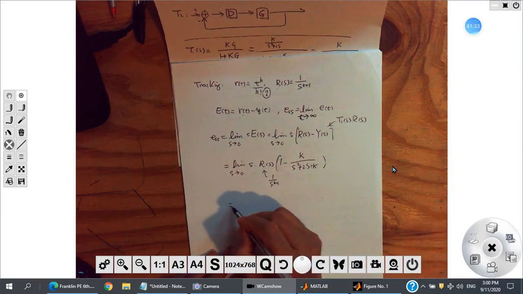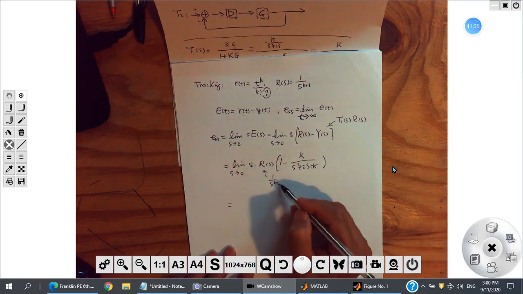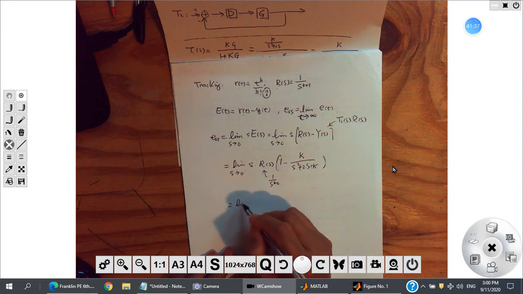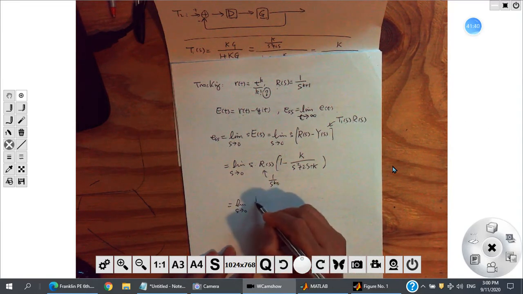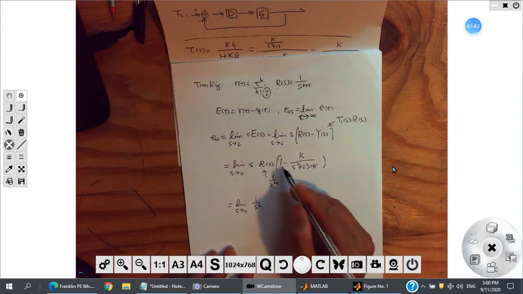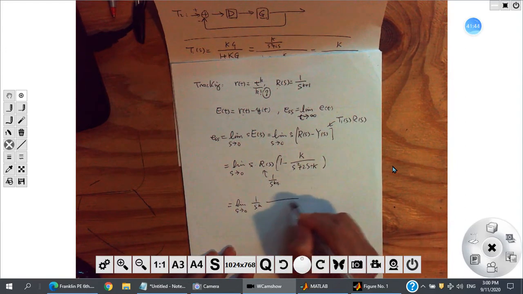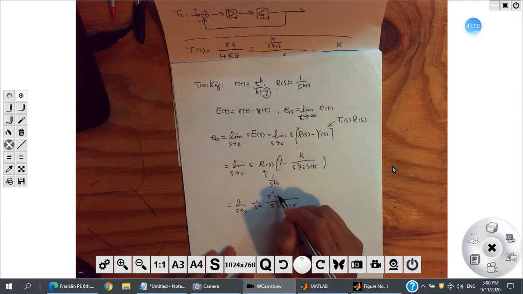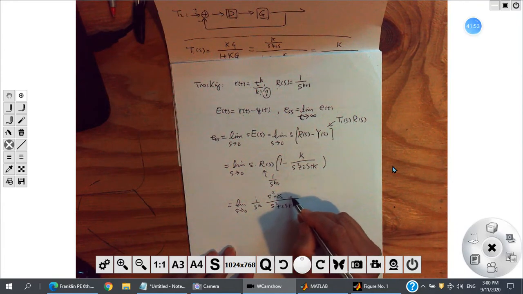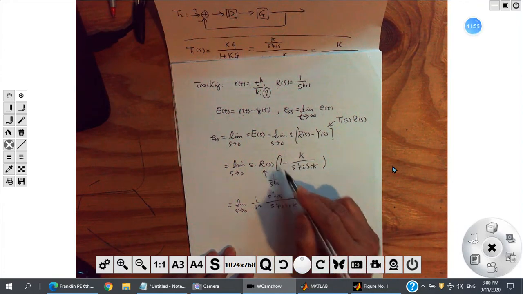So I cancel one S. It's the limit as S tends to 0 of 1 over S to the k, and this part has denominator S squared plus 2S plus K, and numerator S squared plus 2S plus K minus K, so they cancel.